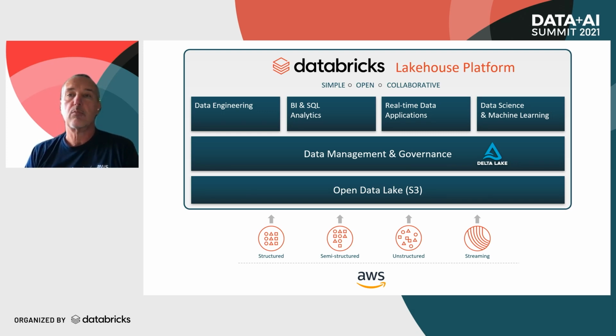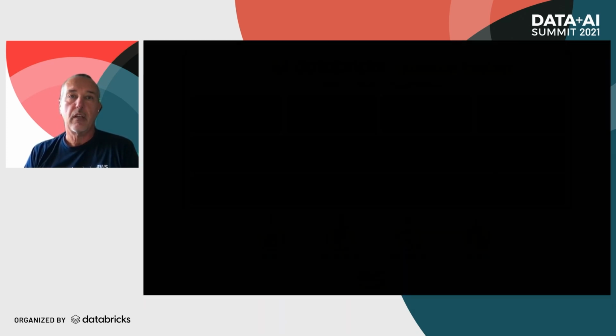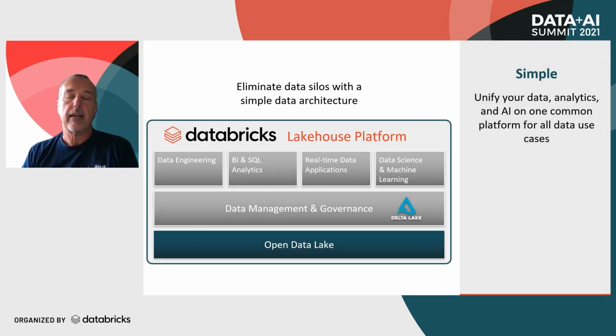So let's explore this a little bit more. With a Lakehouse, you basically eliminate the data silos, since much of your data remains in your data lake rather than being redundantly copied into other systems. It's easy to maintain everything in S3, and you don't have to copy this data redundantly into other areas for other SaaS providers or other SaaS capabilities. Everything gets consumed directly from your S3 environment.